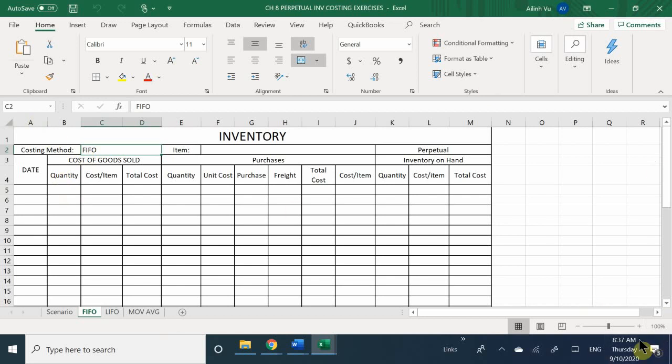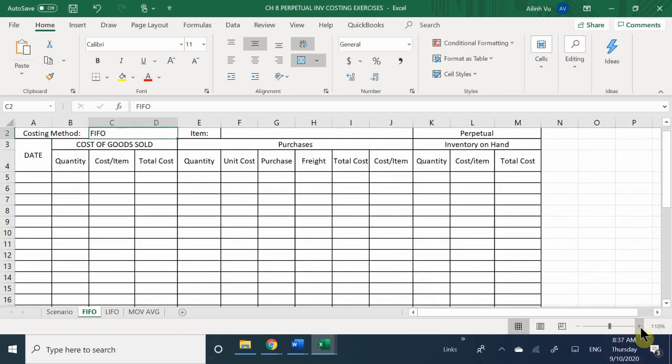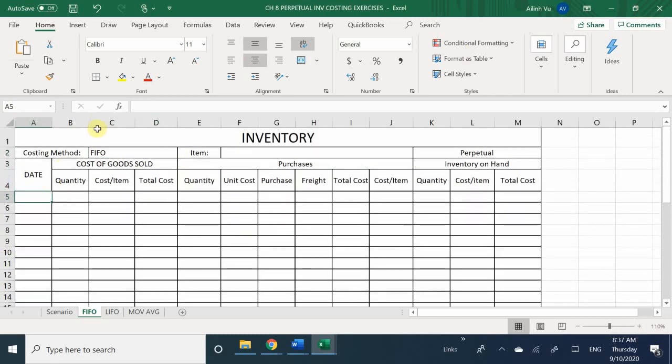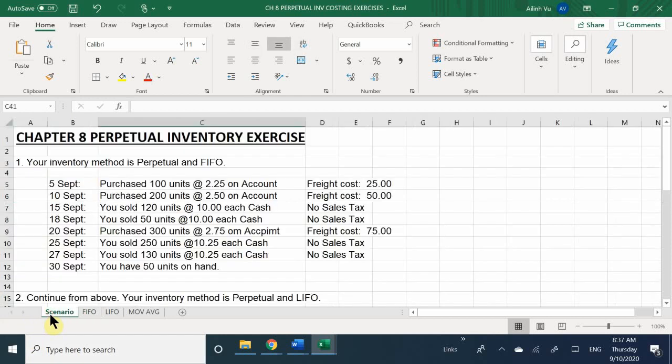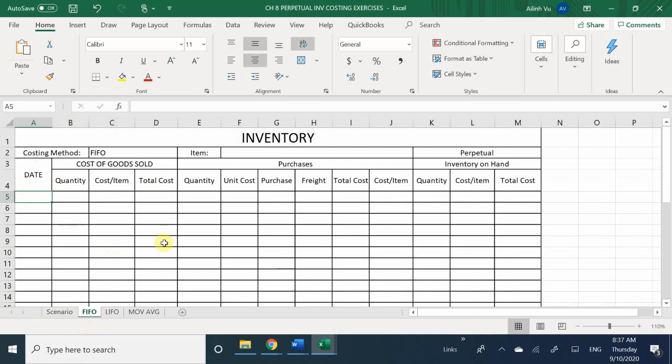So I'm going to go ahead and make this a little bigger for you guys. Here I've already indicated it's FIFO. I didn't indicate an item because we don't have an item. All right. So I'm going to come here, September 5th. So where do I go?